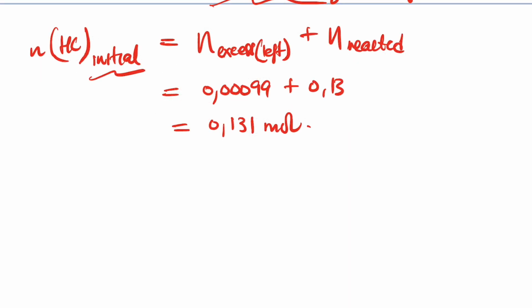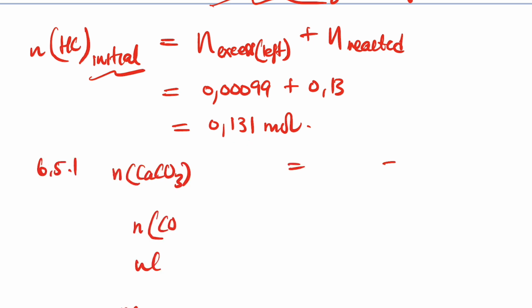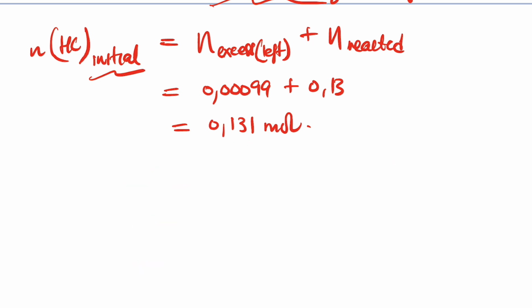And then the question wanted it in mass, so we're going to use the equation that says number of moles is equal to mass over molar mass. The number of moles is 0.13099. So the number of moles is equal to mass over molar mass.